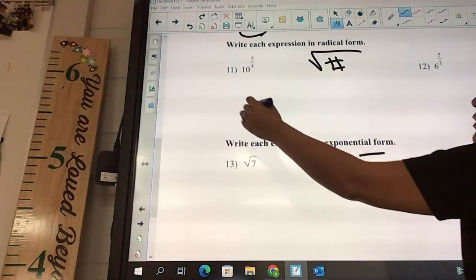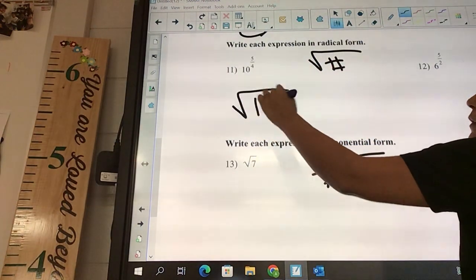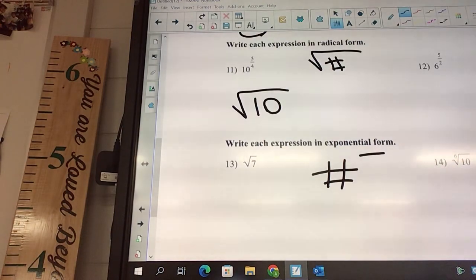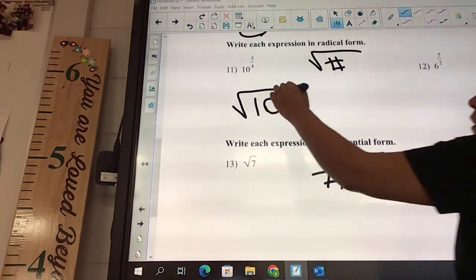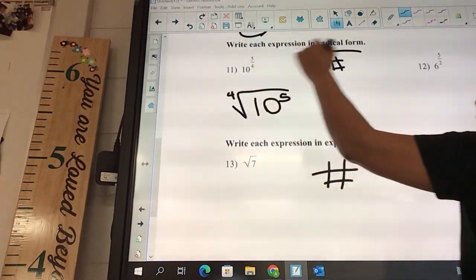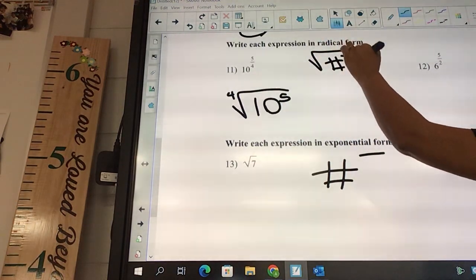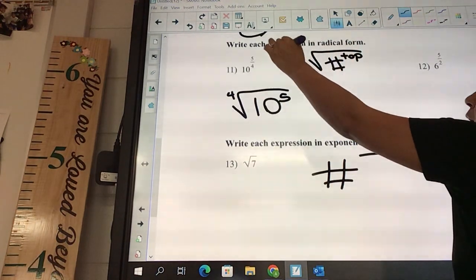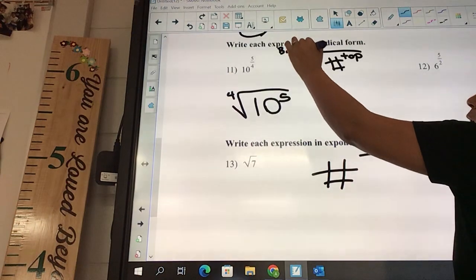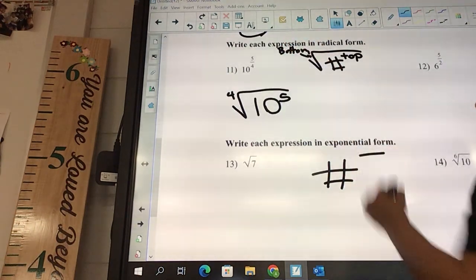The 10 definitely goes inside the radical. Which one goes in? The 5. So it's going to be 5 over 4. Essentially the top number goes on the inside, and the bottom number goes on the outside right here.